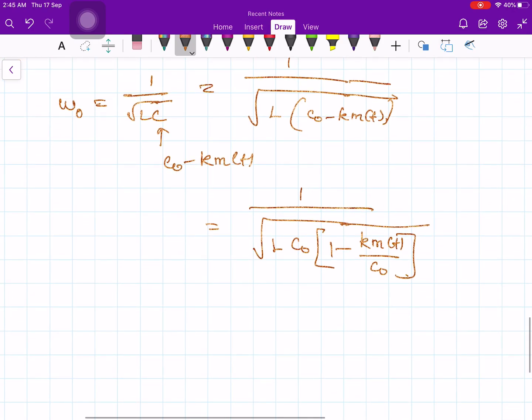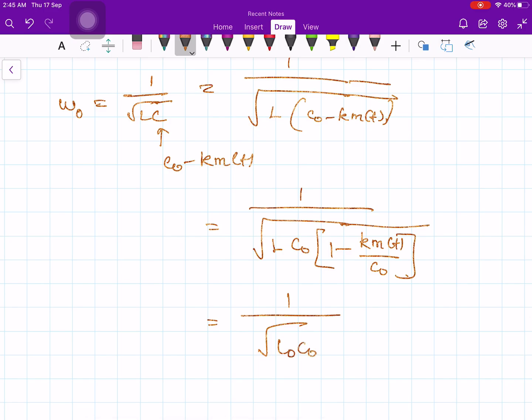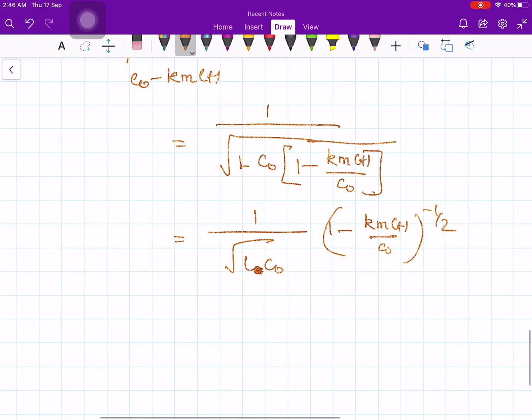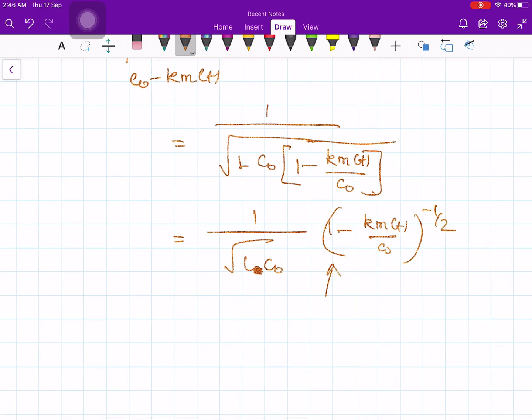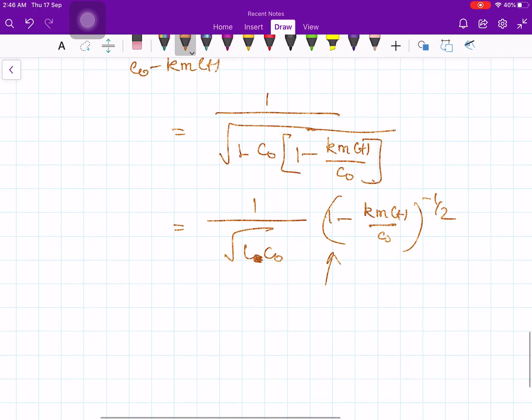Now I can rewrite this as 1 over square root of L C naught, times 1 minus K times m of t by C naught, whole to the power minus 1 by 2. Now expand this using the binomial series, and you will get 1 over square root of L C naught multiplied by 1 plus K times m of t divided by 2 times C naught.